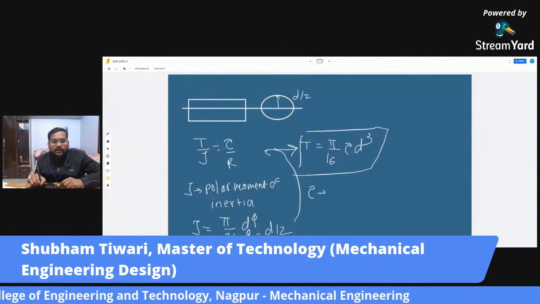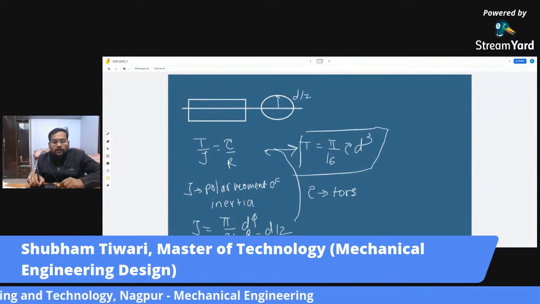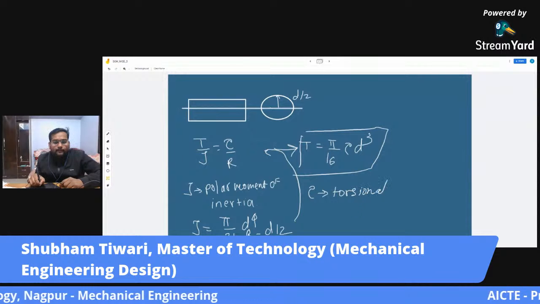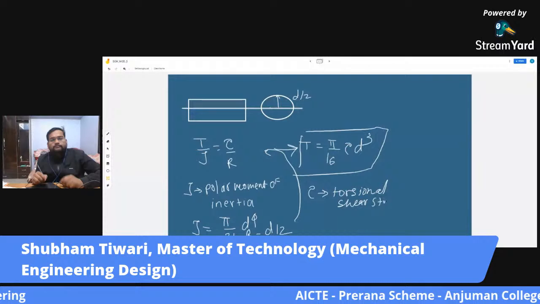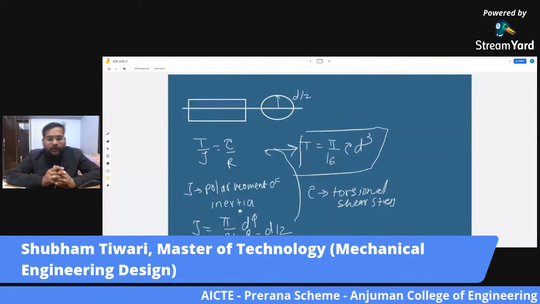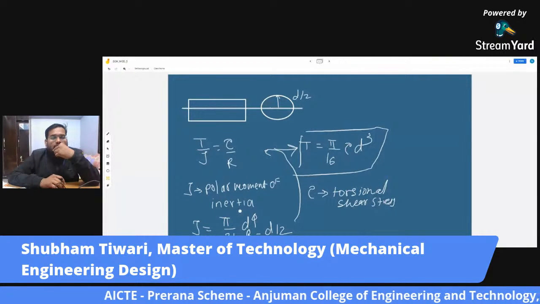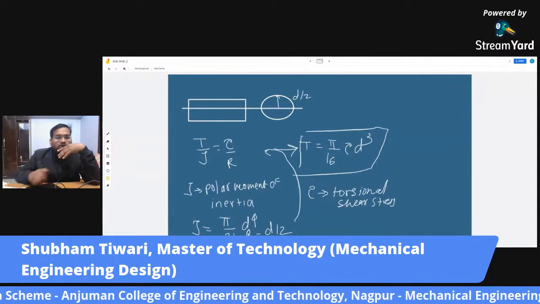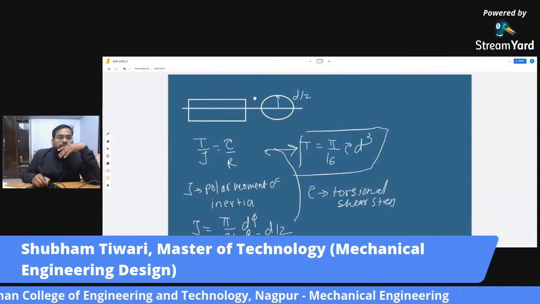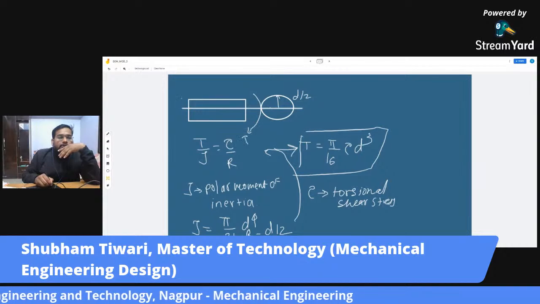Tau is the torsional shear stress. So this was the case when this shaft was only subjected to torsion, only to the twisting moment.